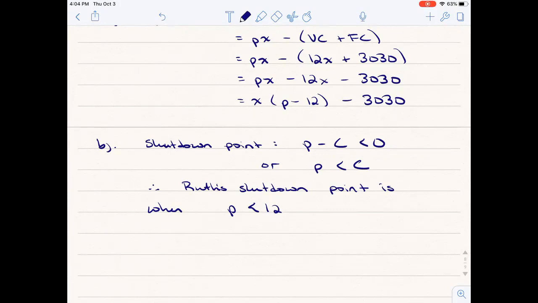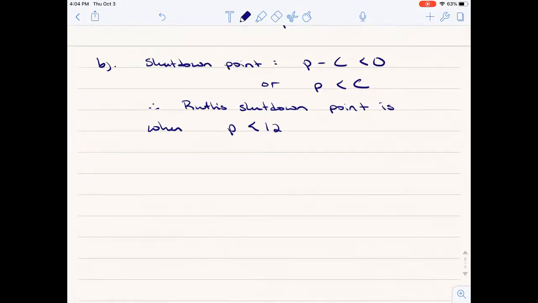And then minus our fixed costs, that's not good, right? So that's why we have to shut it down when this is less than this, right? Any questions about that one? No? All right.